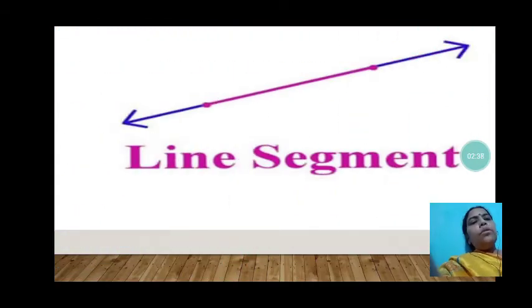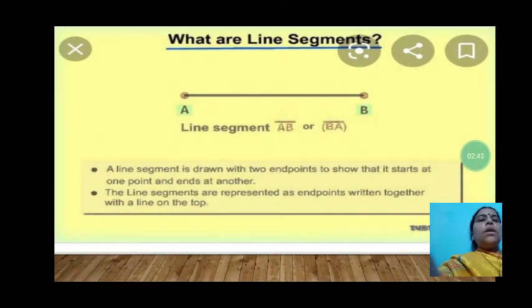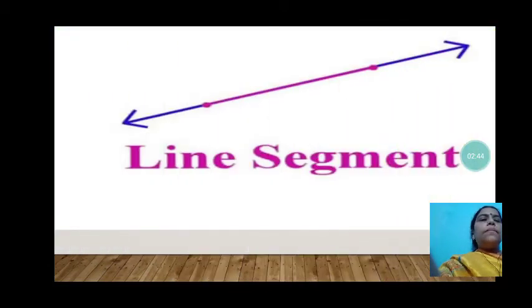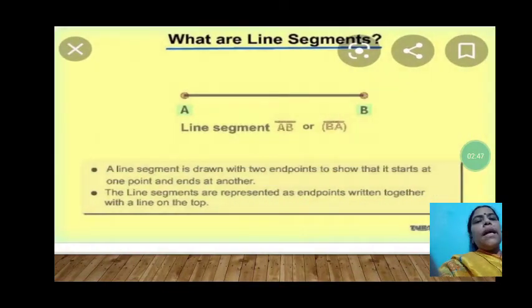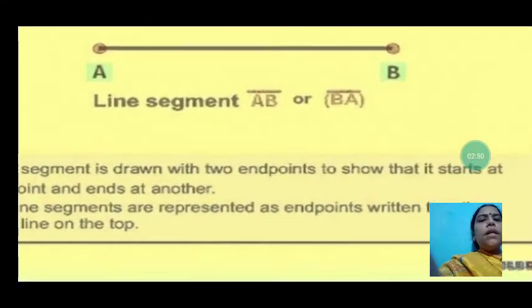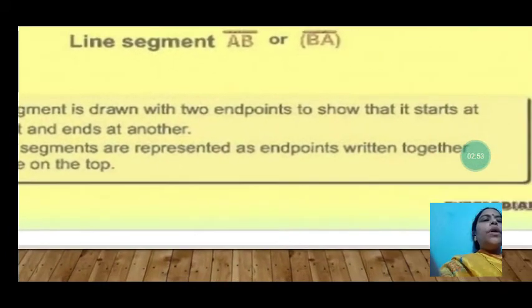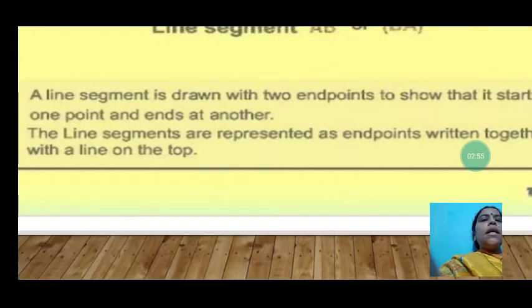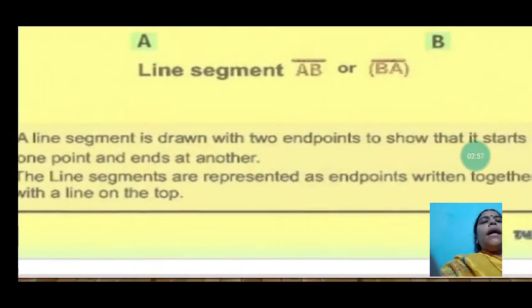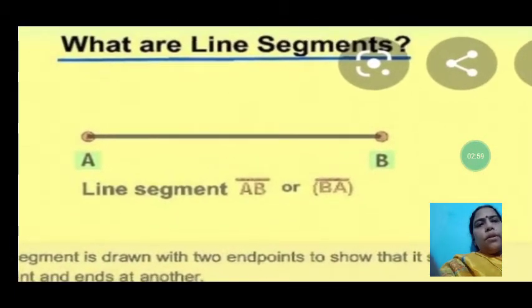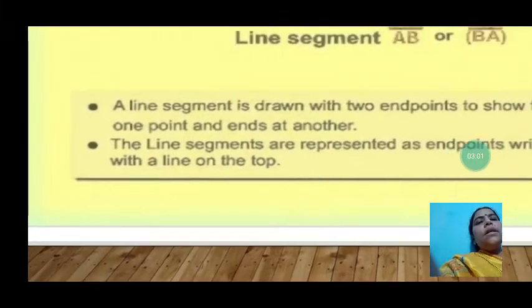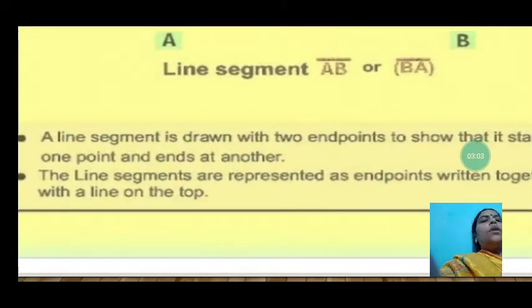Now we will read about line segments. So what is a line segment? A line segment, as you can see here, is drawn with two end points to show that it starts at one point and ends at another. This line segment is drawn with two end points.